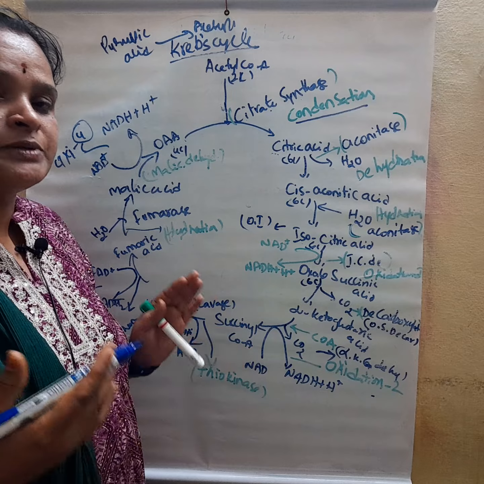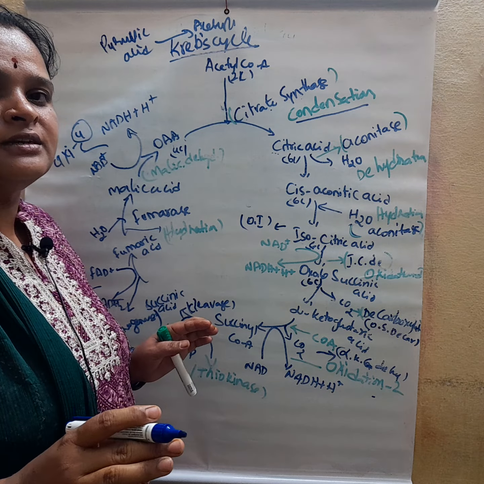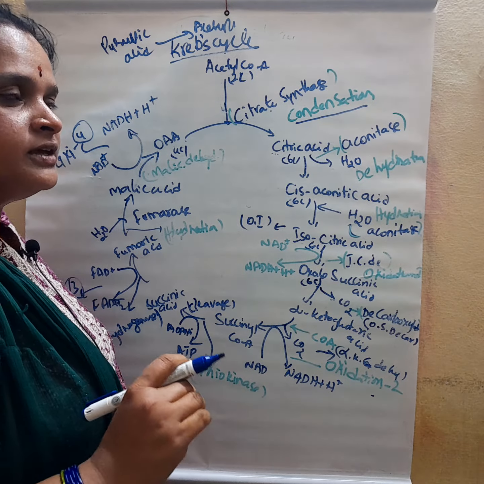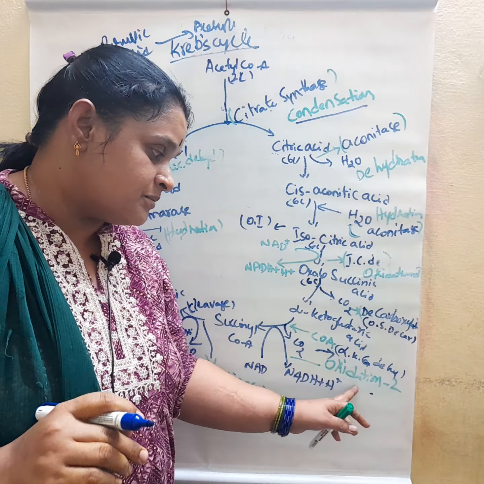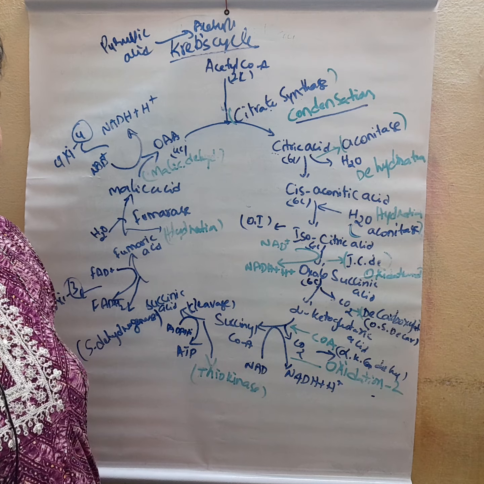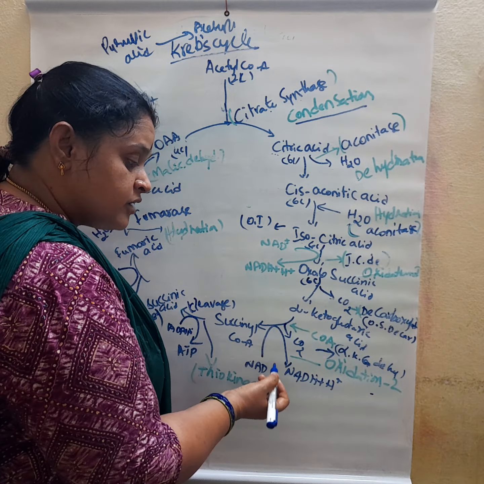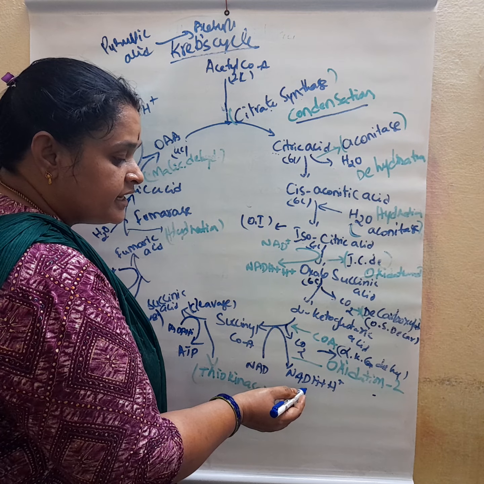That means NADH plus is generated, so we are concerned only about the energy process. That's why this reaction is called oxidative decarboxylation. Here coenzyme A is also added and NAD is converted into NADH plus.